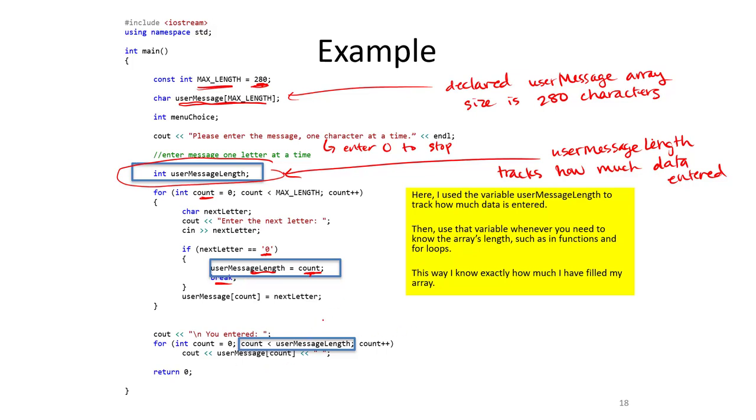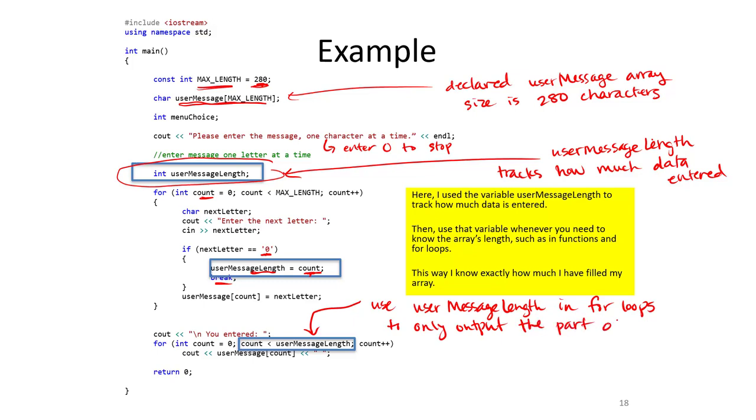And then finally, you can see that later on, if we want to use for loops to output how much stuff is in my array, instead of using max length as my size of the array, I can use user message length in for loops to help keep track. And this will ensure that I only output the part of the array that was filled.